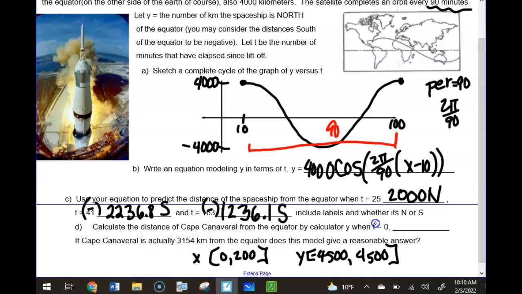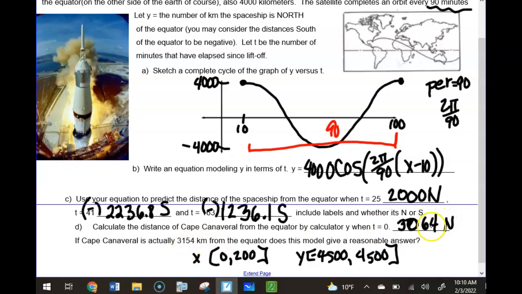All right, what is the actual, when it took off, how far was it north of the equator? So at time 0. 3064. Okay, and that was north of the equator. Look, I looked it up online, and it says Cape Canaveral is really 3154 kilometers north of the equator.